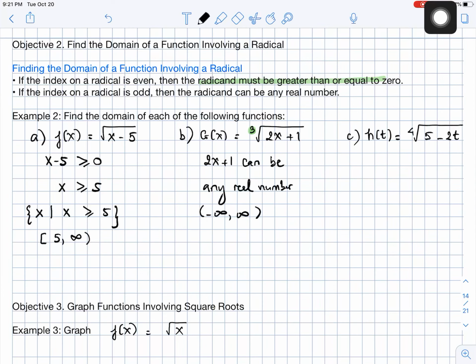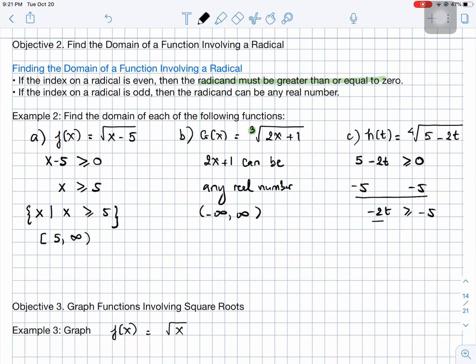The value of x can be anything. It can be positive, can be 0, can be negative. It will give 2x plus 1 any real number. Then the domain will be negative infinity to positive infinity. So this is all values of x.